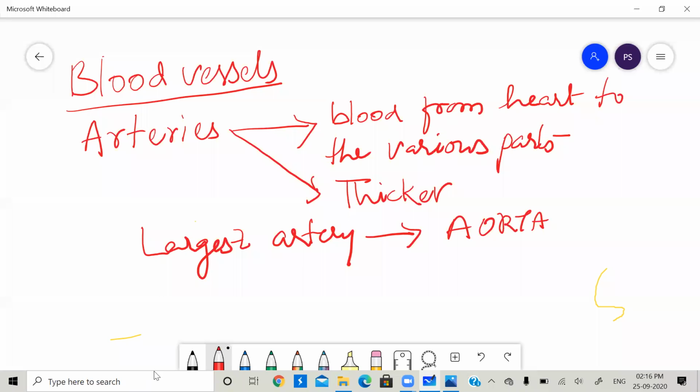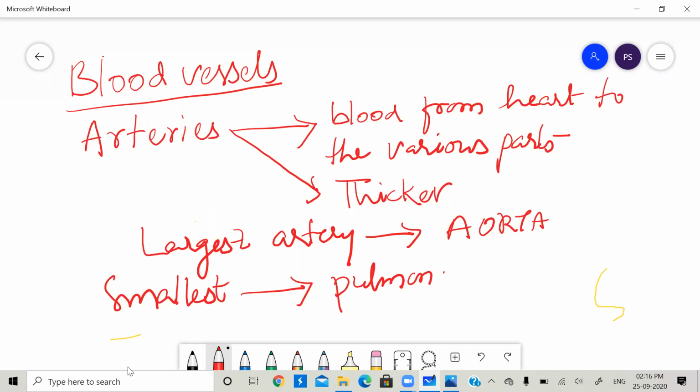The smallest artery is the pulmonary artery. The largest one is the aorta and the smallest one is the pulmonary artery.